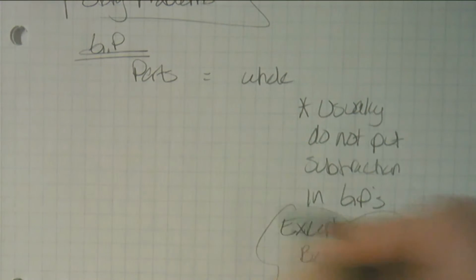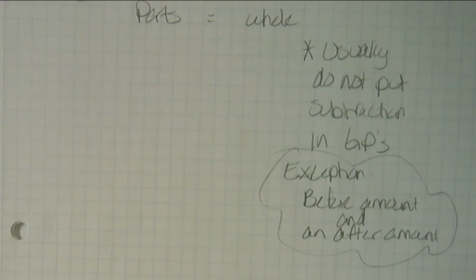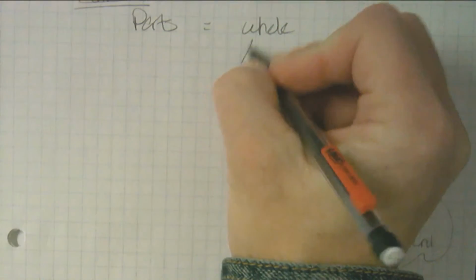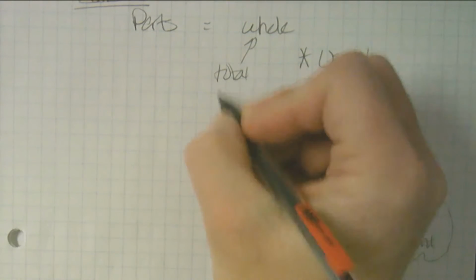That's the only exception. So we always want parts equal to our whole. Our whole is the total we are measuring.